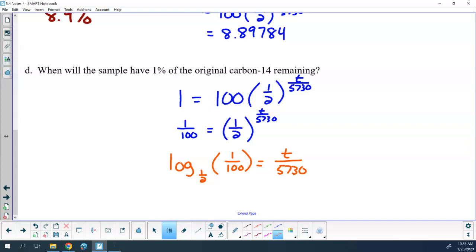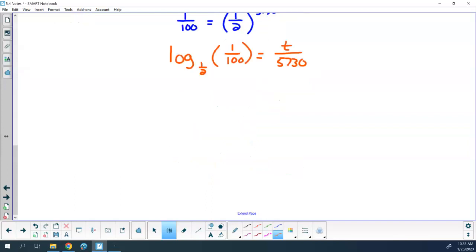That, and then I would multiply both sides by 5,730, and that would give me 38,069.29597 as my t.